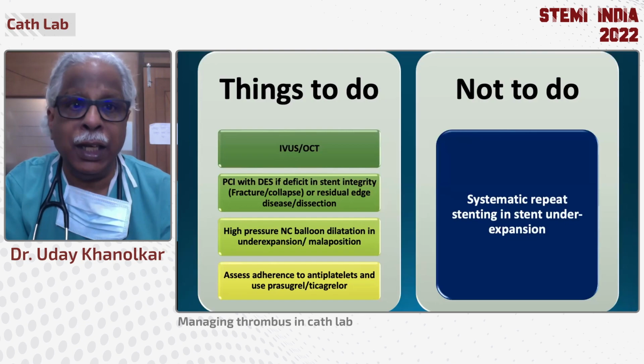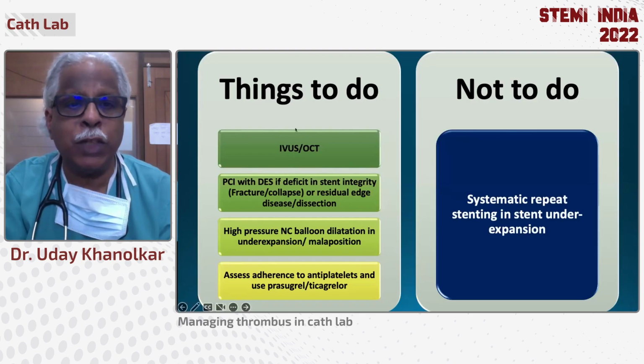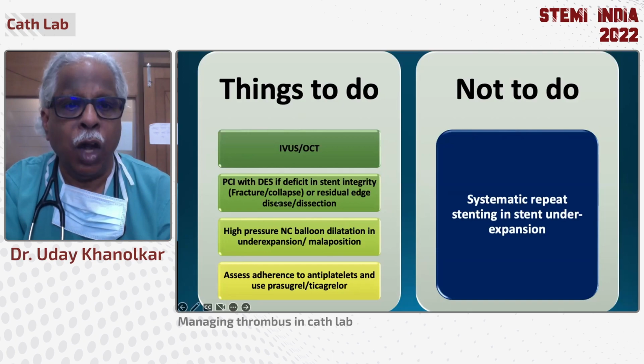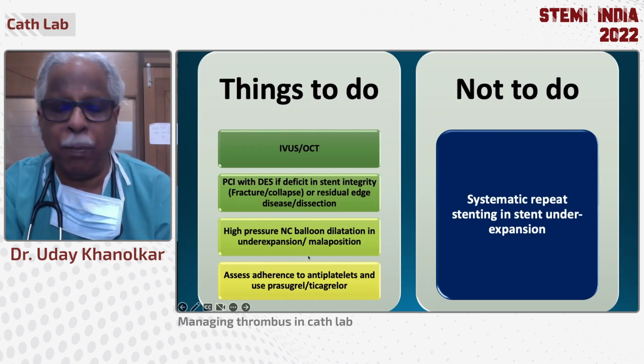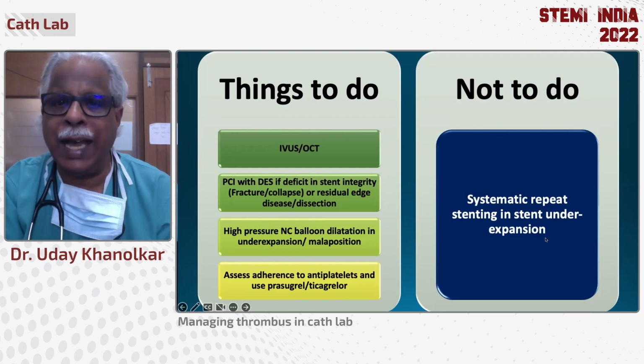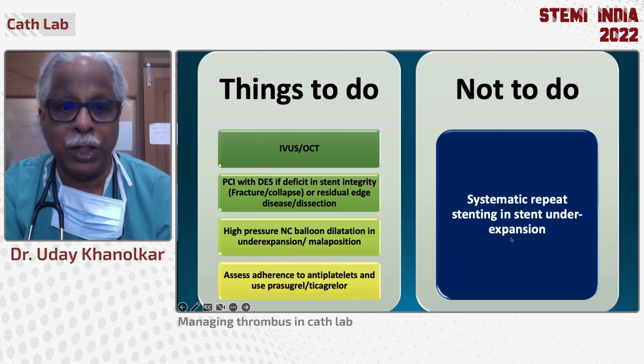Most important, whenever we suspect stent thrombosis, you have to do an IVUS or OCT and not just an angiographic study. If there is a fracture, or especially under expansion and malapposition, we have to appose the stent appropriately and never directly go for repeat stenting, especially in under expansion.